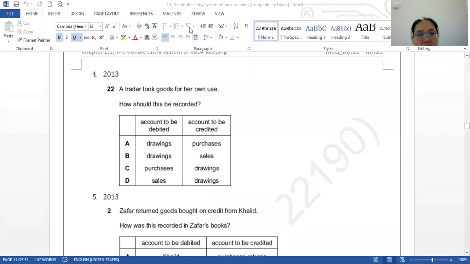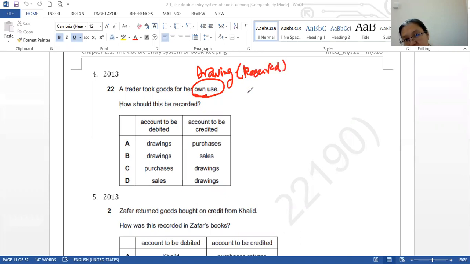Okay. Question 4. A trader took goods for her own use. How should this be recorded? Own use is a drawings account. Drawings account is a receiver, so receiving account is always on the debit side.